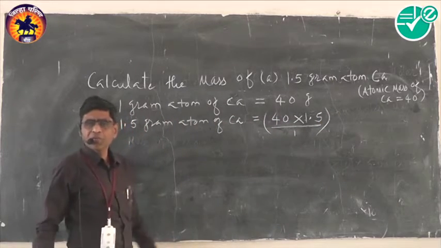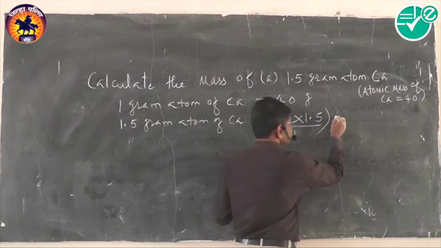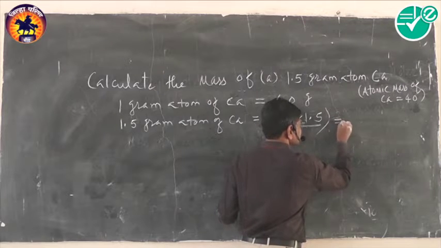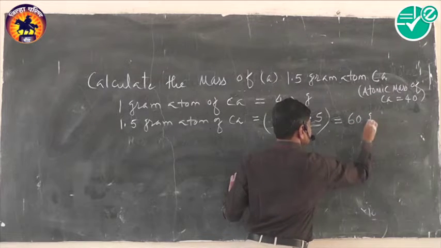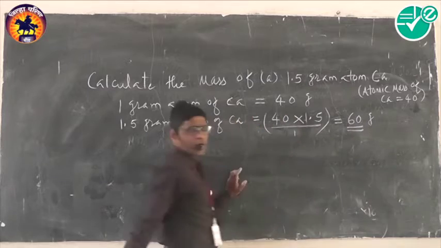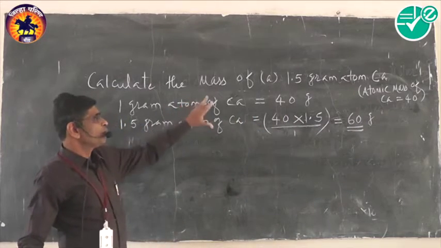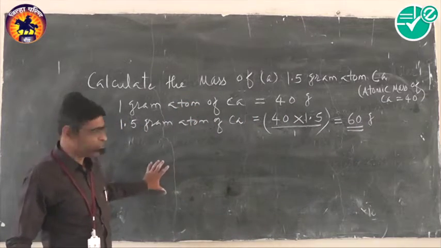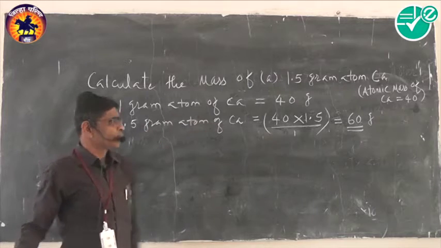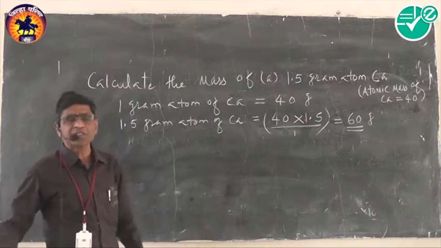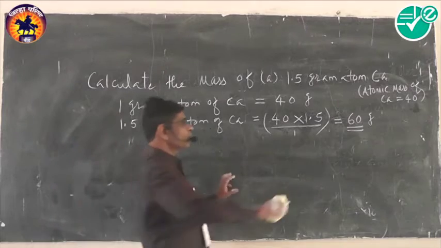And so 40 multiplied by 1.5 is equal to 60 gram. And thus remember, what is the mass of 1.5 gram atom of calcium? The mass of 1.5 gram atom of calcium corresponds to 60 gram.